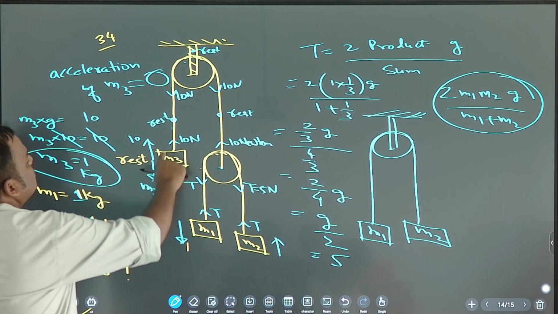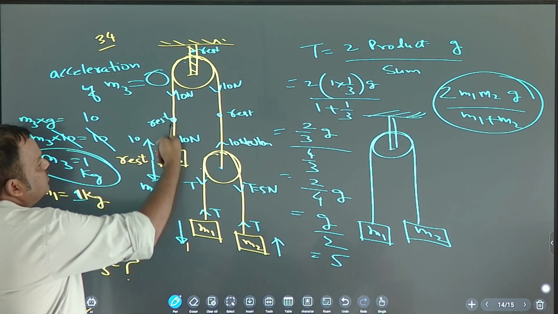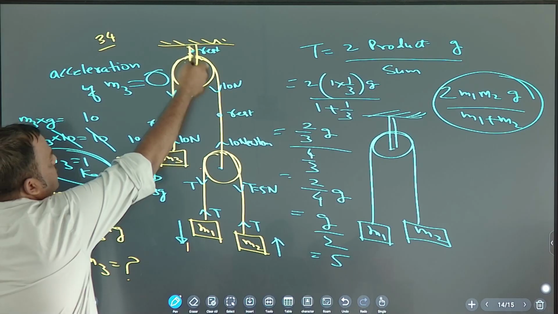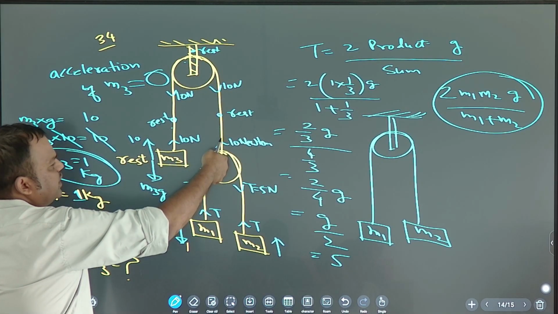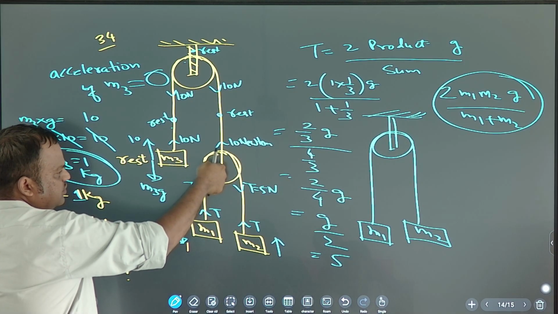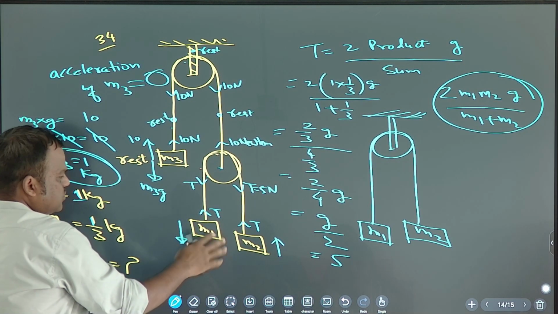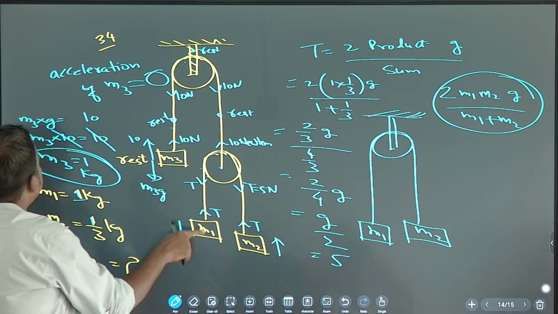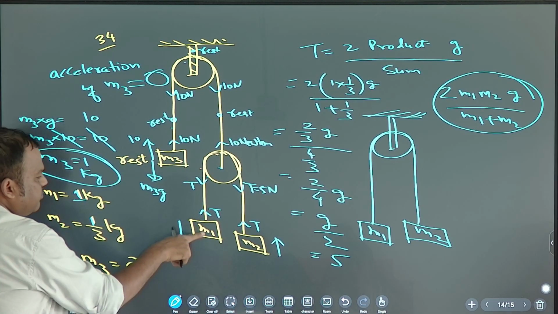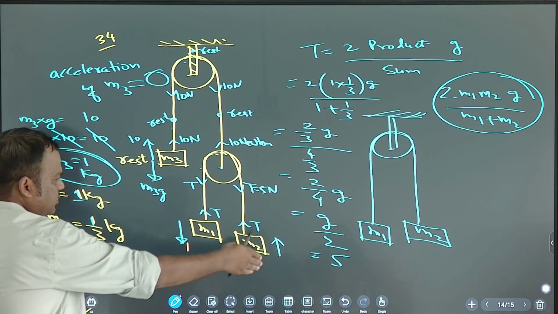This is an at-rest question. According to the question, all these points up to here are at rest, and this pulley is at rest. Different masses, so not at rest: the heavier one goes down, the lighter one goes up.